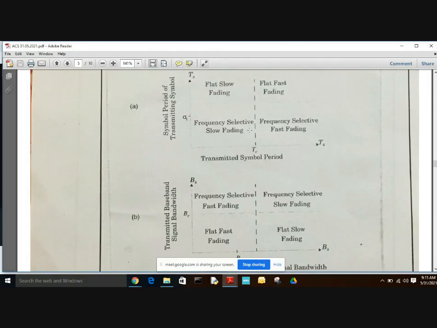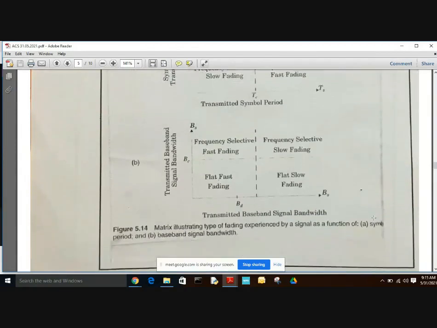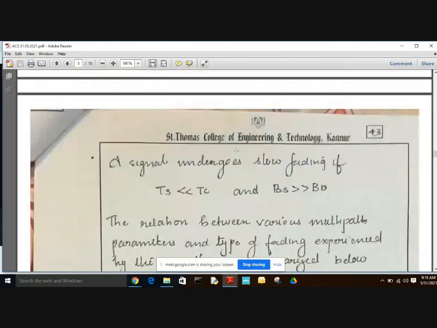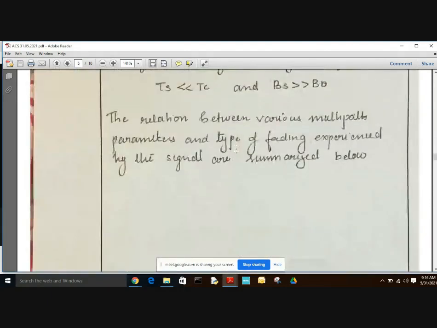Based on Doppler spread, if Ts is greater than Tc, we have fast fading, and if Ts is less than Tc, we have slow fading. And corresponding to the bandwidth, if Bs is greater than Bd, we have slow fading, and if it is less than Bd, we have fast fading. So this is about the fading effect and types of small scale fading.